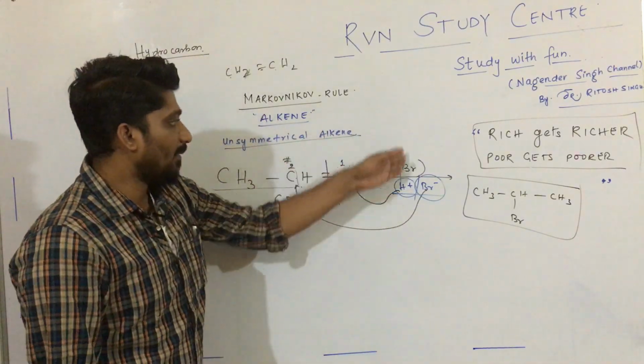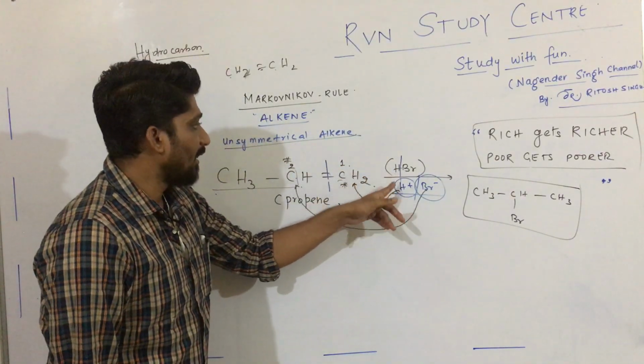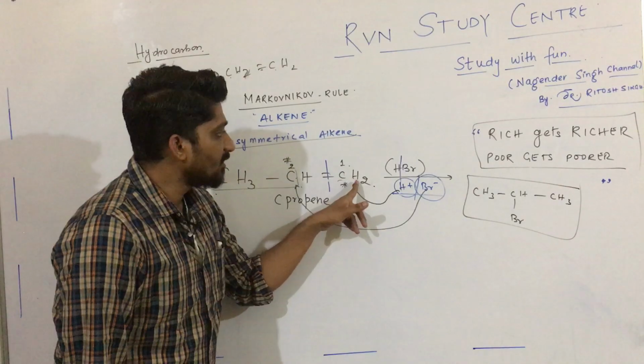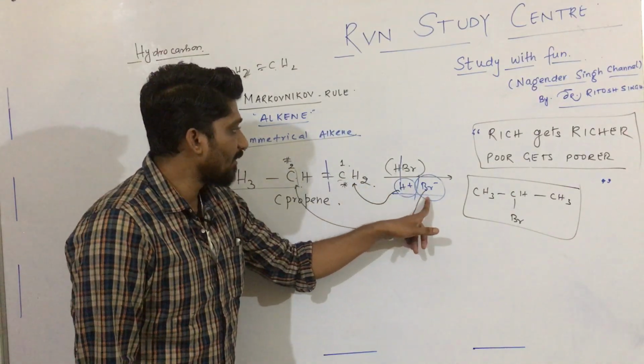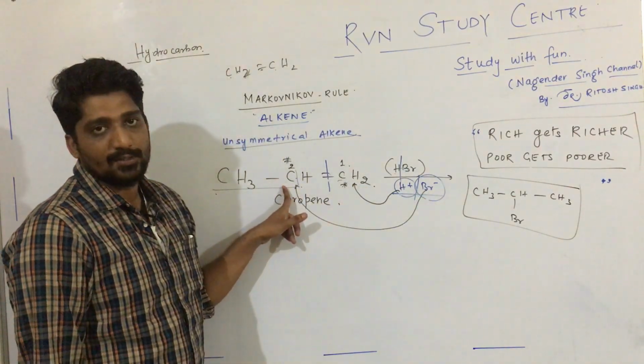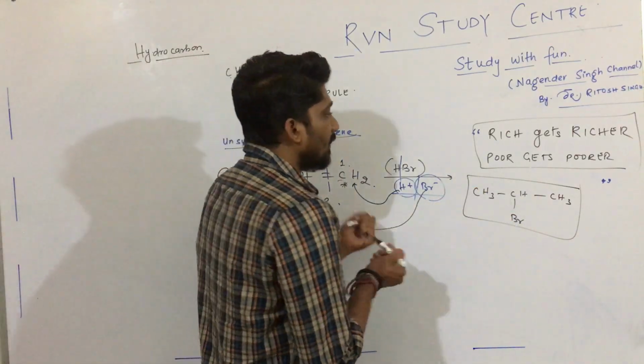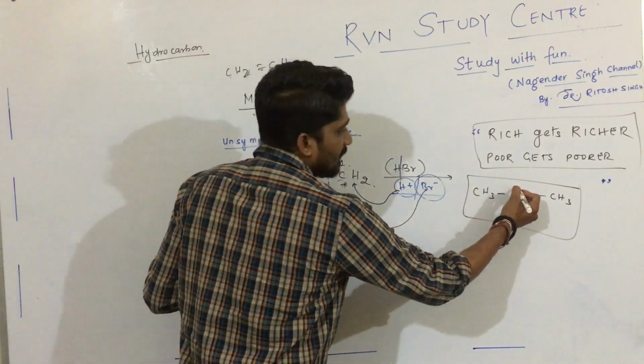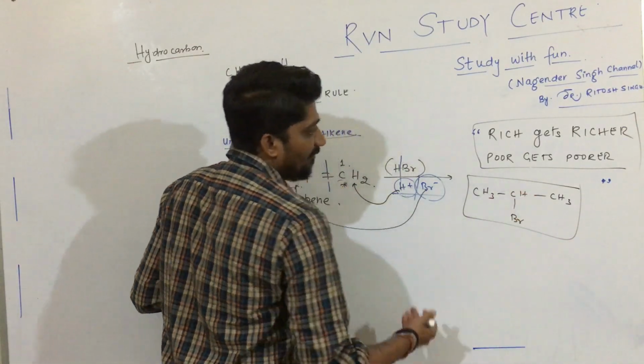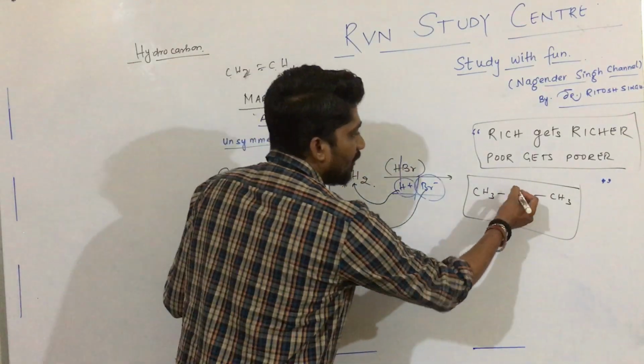Okay, so the bond will be broken. What will happen? H will go to the carbon which has more hydrogen, and Br will go to the carbon which has less hydrogen. Now why did I say it is getting poorer? Because while breaking up, this carbon is already poor in electron density.